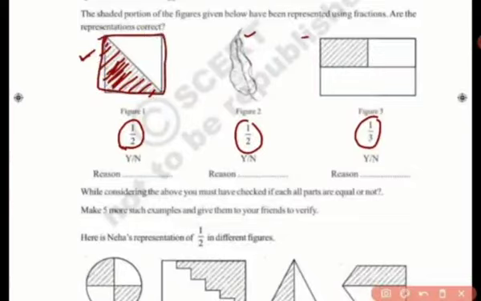It is divided into two parts, and that too equally divided, isn't it? So you have taken 2 in the denominator. So the shaded portion is how much? 1, isn't it? So you are taking one shaded portion out of these two.